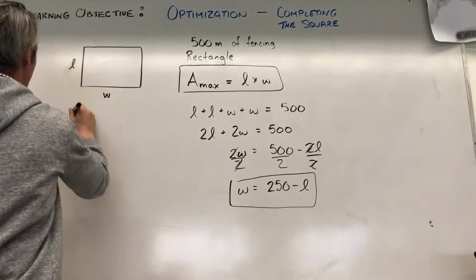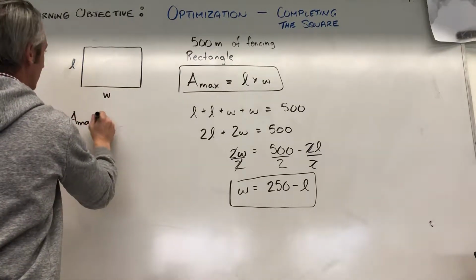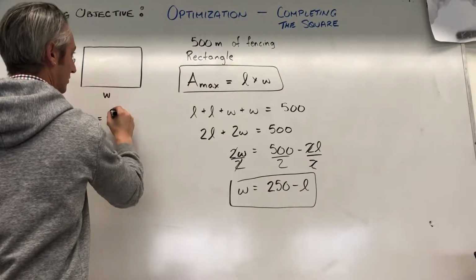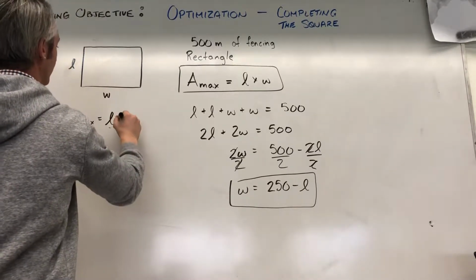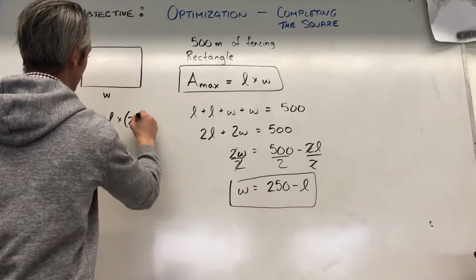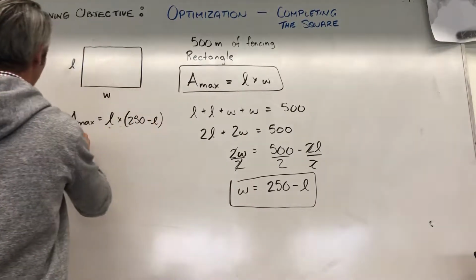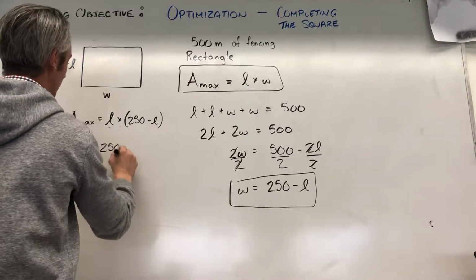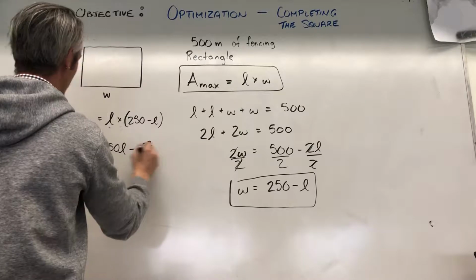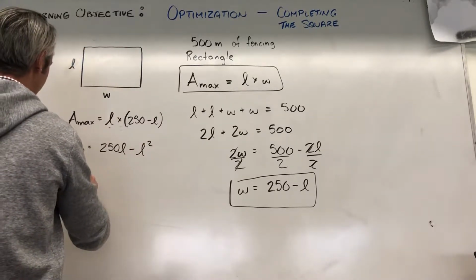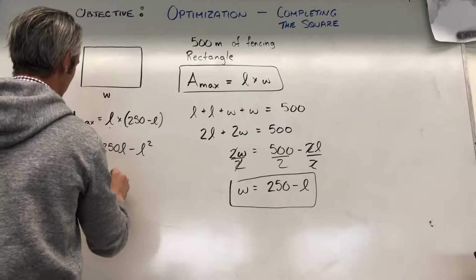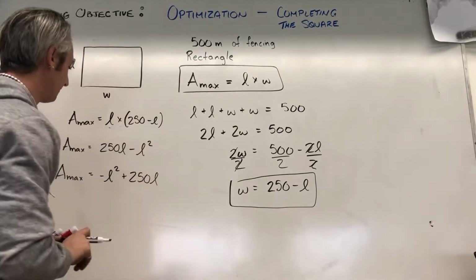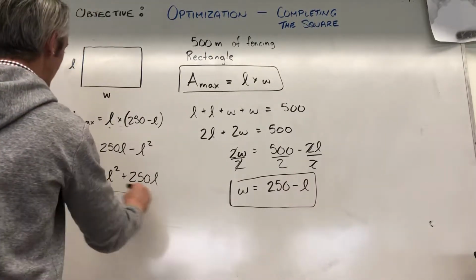So I'll get A max is equal to L times W, but W is equal to 250 minus L. So A max is equal to 250L minus L squared. A max is equal to negative L squared plus 250L. And here we go. I got a quadratic.